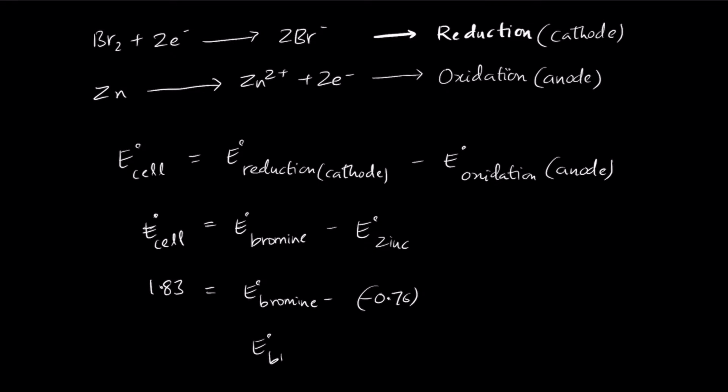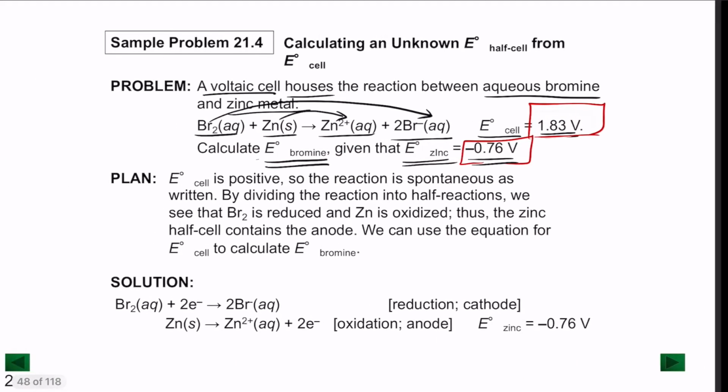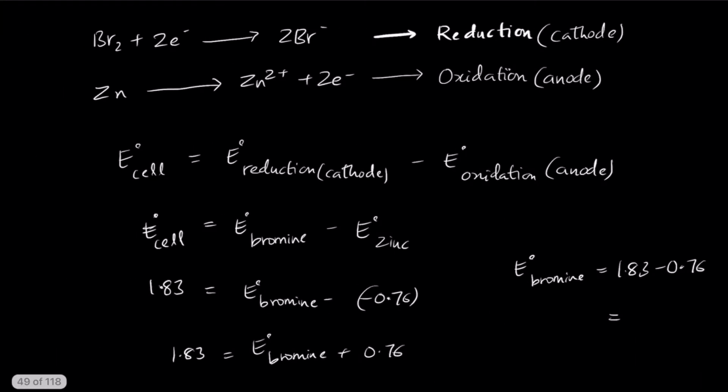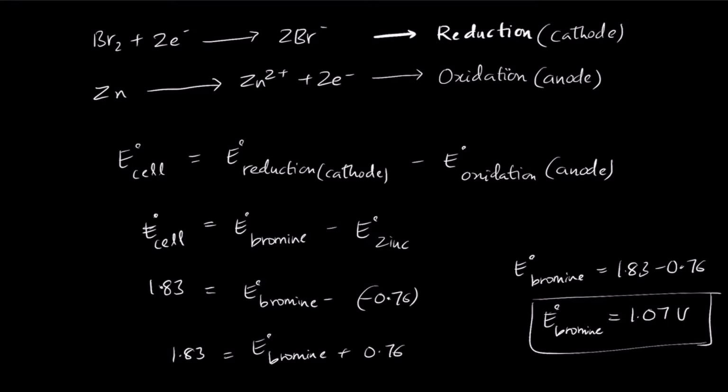So E of bromine plus 0.76 equals 1.83, and E of bromine is 1.83 minus 0.76, which gives you a final value of 1.07 volts. So this is the E value for bromine. This is how you can use the formula here to calculate the values.